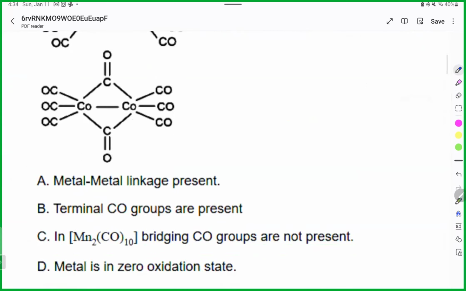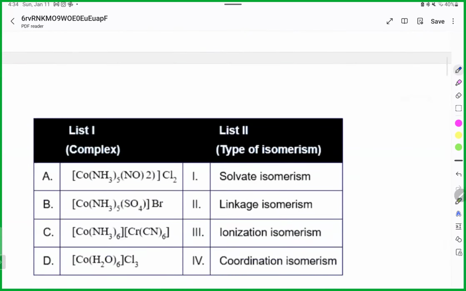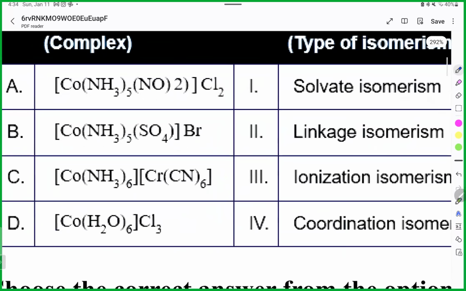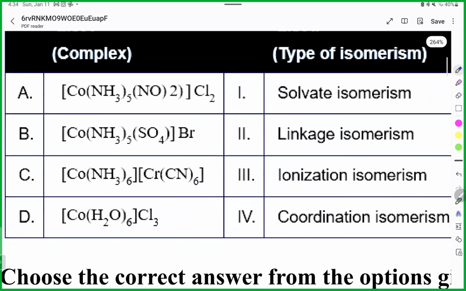Any doubt? No, sir. Isomerism. First, Chandana, A. Linkage. How do I know? Because NO2 is ambidentate.